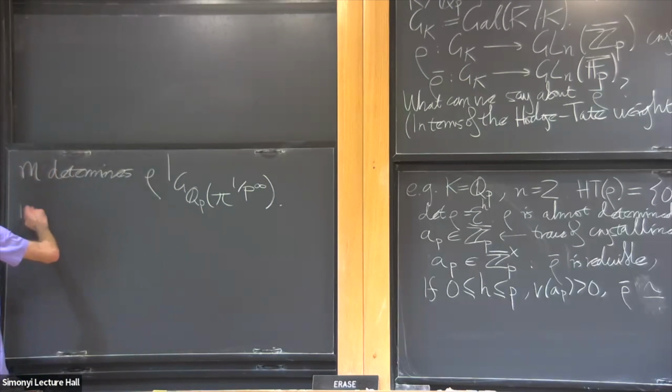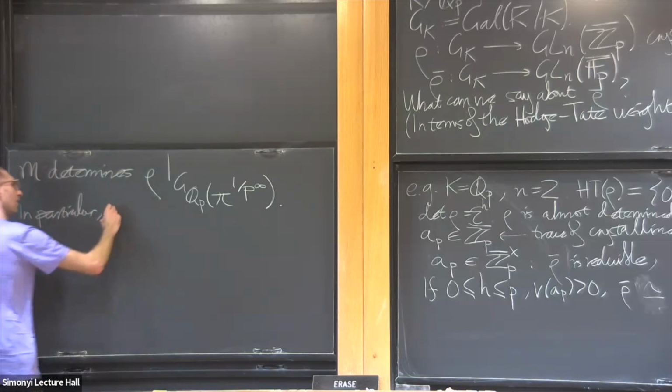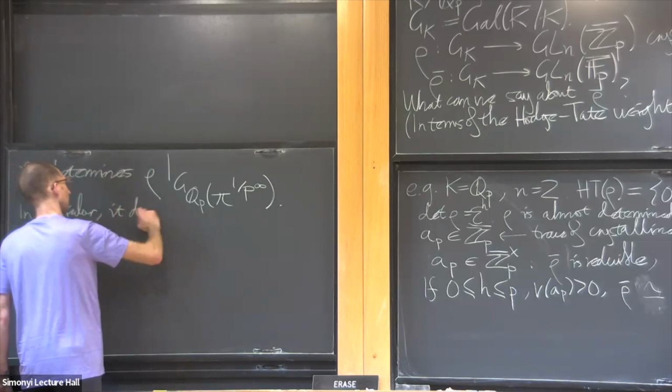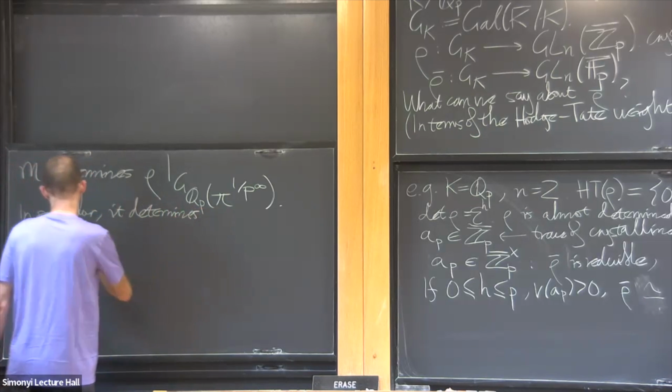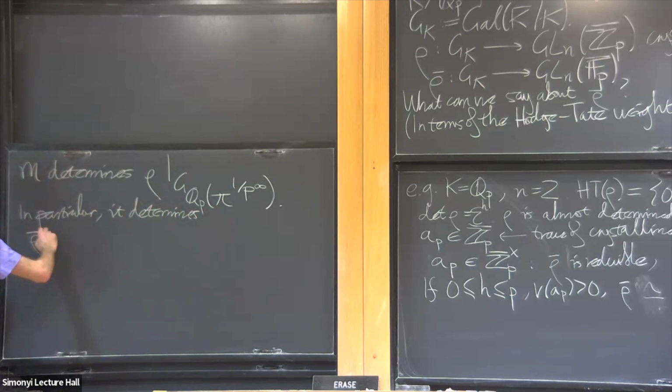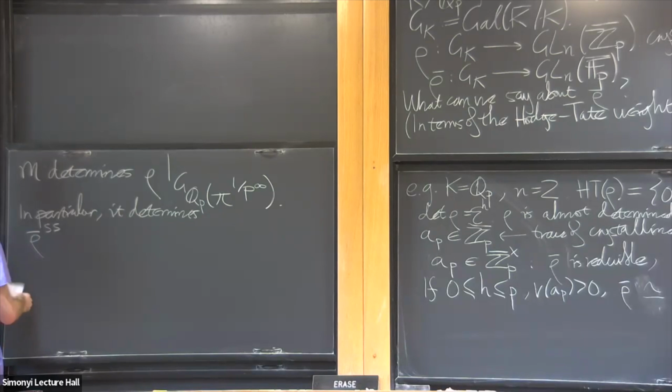So in particular, it determines rho-bar semi-simplified, and yeah, that's all I want to say. So it's rho-bar. I'm sorry, I didn't understand the argument here.